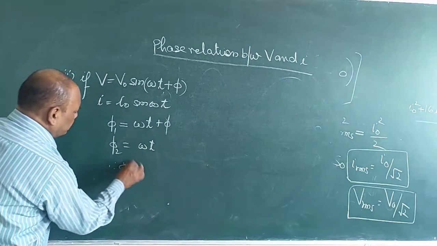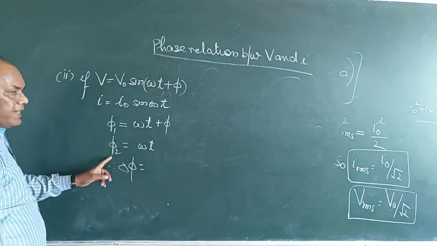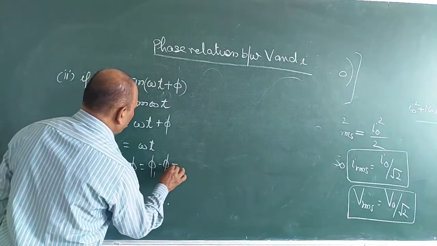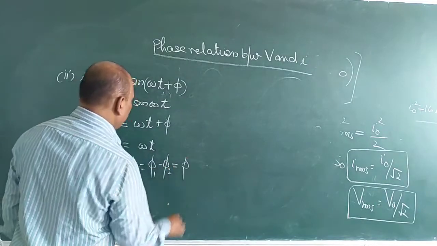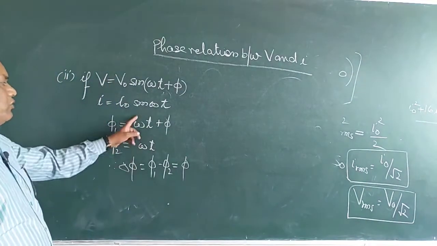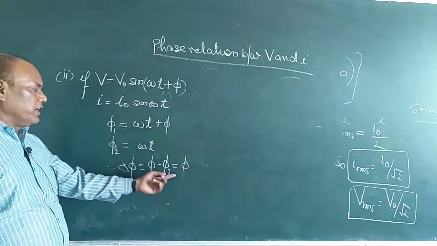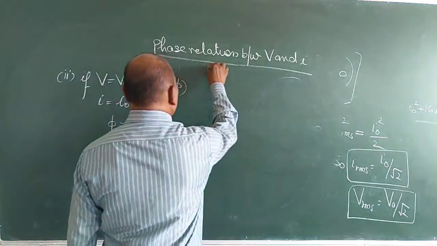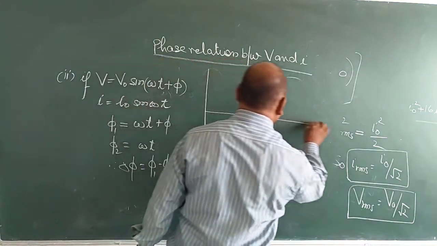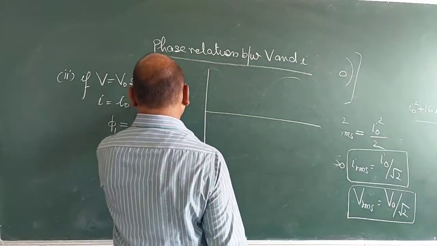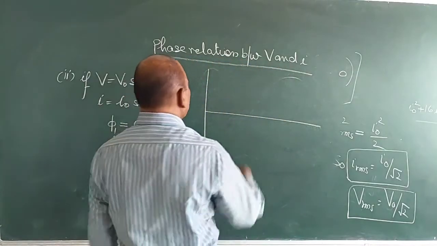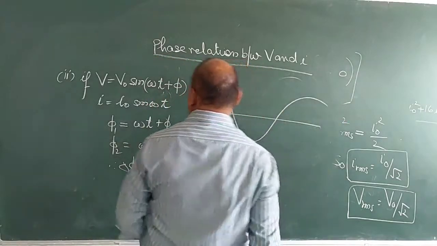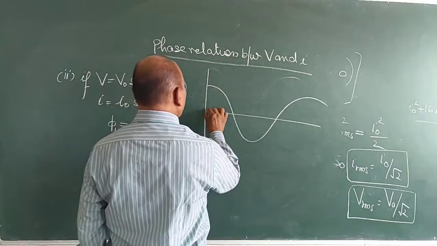Therefore, the phase difference between voltage and current is phi 1 minus phi 2, that is phi. In phi 1 minus phi 2, omega t is cancelled out, and you have only phi. So in this case, we get the graph this way. Omega t plus phi is leading, so its curve starts from here, and the other starts from the origin.